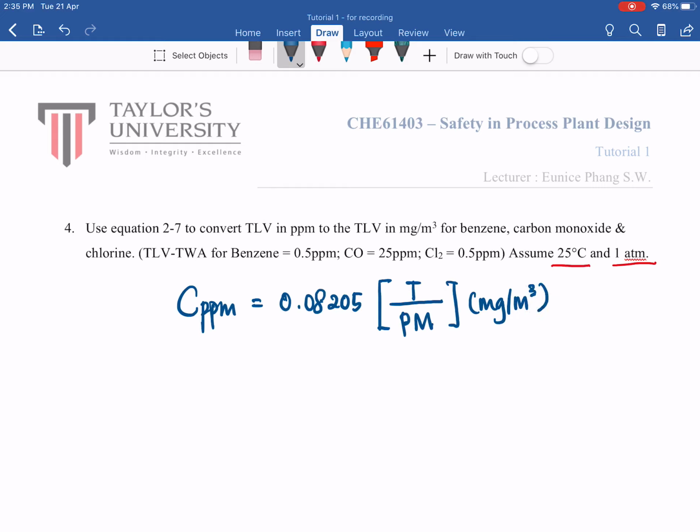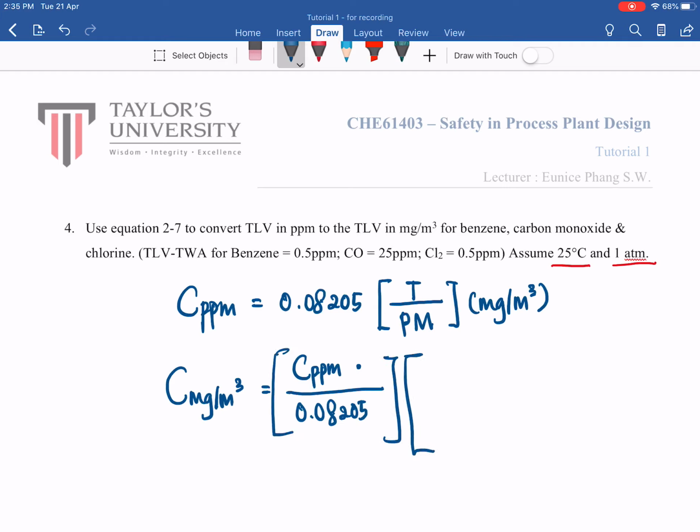Okay, so if we want the concentration in mg per meter cube, we will put everything here. So we will have concentration in ppm times, divided by 0.08205. That's the first thing.